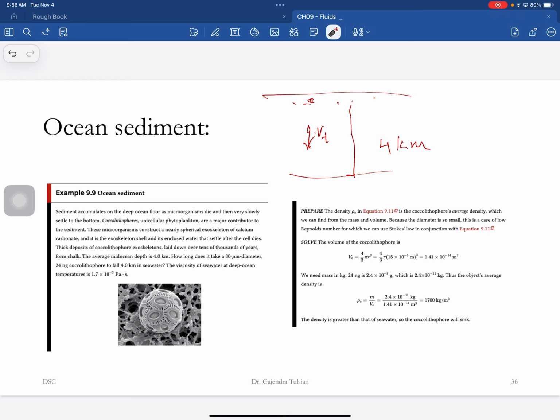Their mass is 24 nanograms. So this calculates the density. The density is mass divided by volume, and you can calculate the volume from the diameter. So density is 1700 kg per meter cubed.